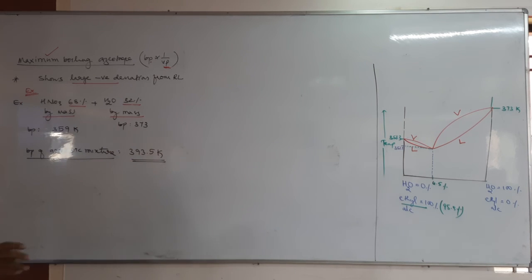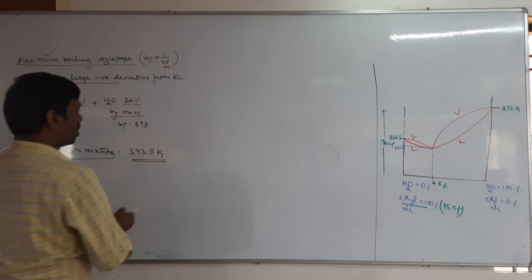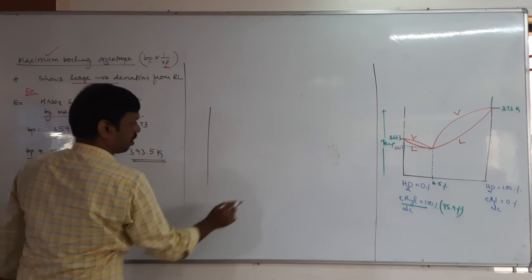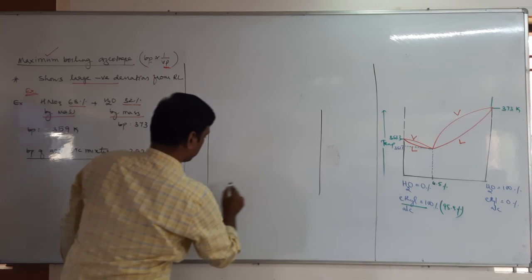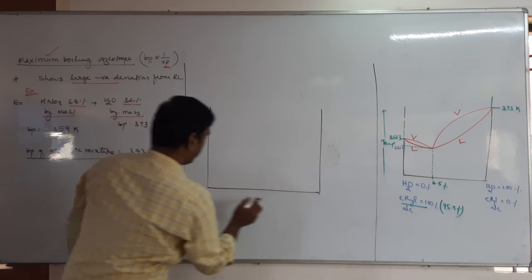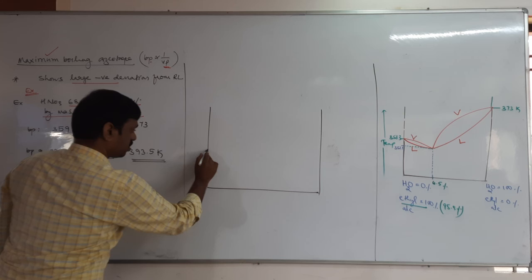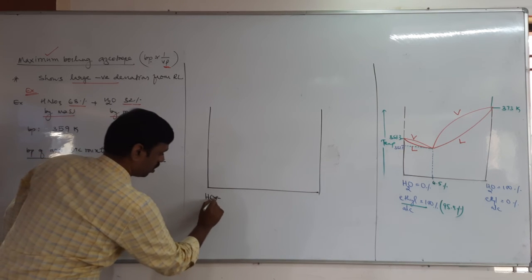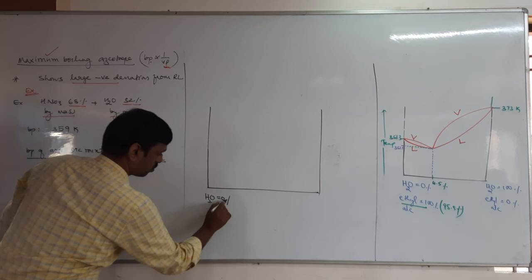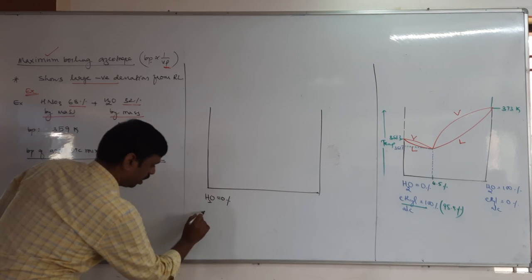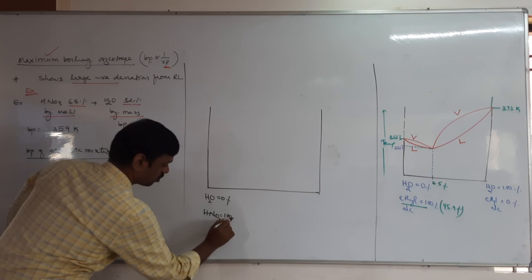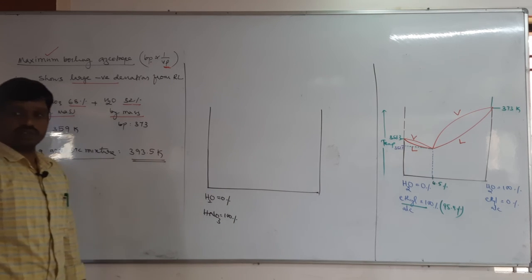Okay. Then let us see the graphical representation. It is similar. Let us take here H2O at 0%, and HNO3, what is the percentage? 100 by mass.